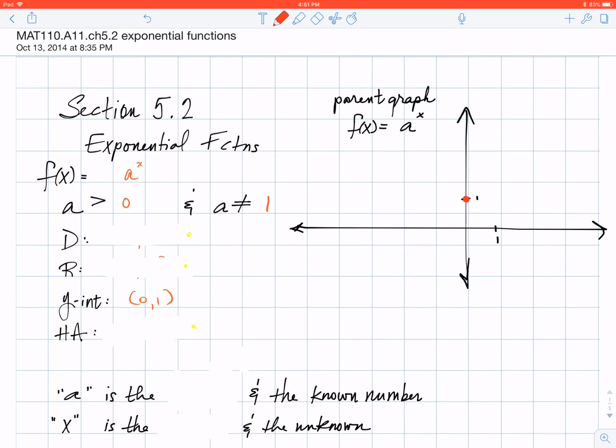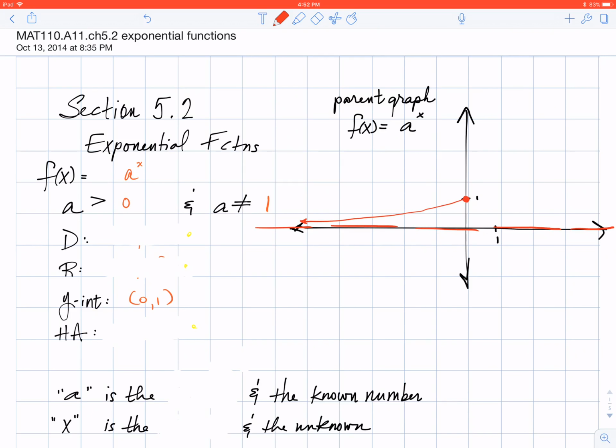And then what we're going to have is a horizontal asymptote that runs along the x-axis. And so as with all horizontal asymptotes, this is something I'm getting closer and closer to. So on the left side of the graph, I'm getting closer and closer to that fence, that horizontal asymptote.